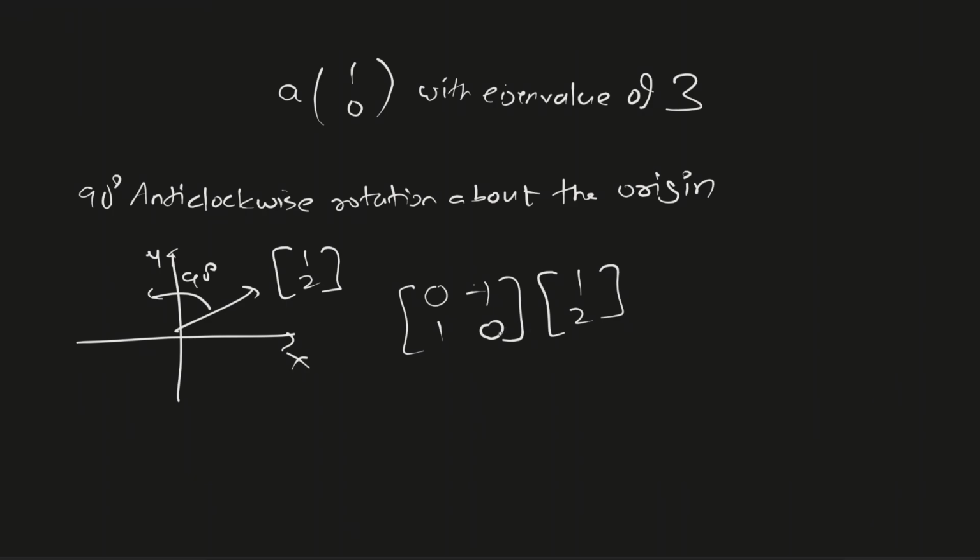We'll see later how this transformation matrix is derived. If I multiply here, I'll get minus 2 and 1. So if I rotate 1 2 by 90 degrees anti-clockwise, I get a new vector, which is minus 2 1.